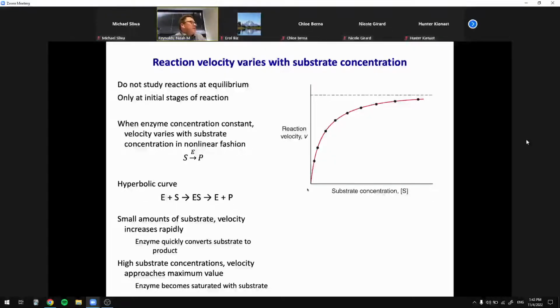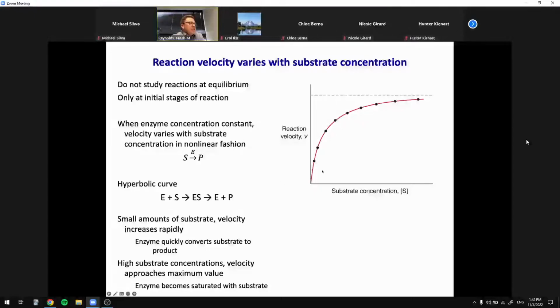And so as we progress through a reaction, if we add more substrate, so now not changing enzyme amounts, but changing substrate amounts, we'll see that velocity will increase with more substrate, to a point.